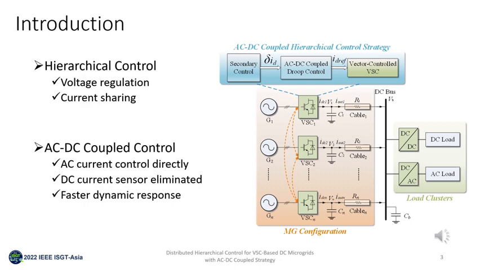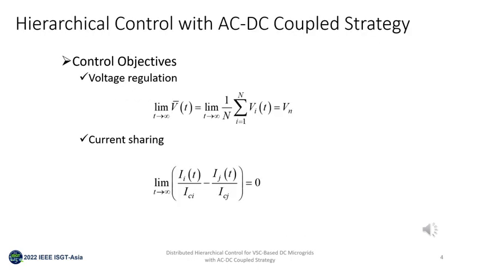As we can see, the secondary control gives the reference of the D-axis current ID with a compensation term, and the primary layer gives the reference of the ID to the vector controlled VSC. The control objectives of the proposed hierarchical control are similar to the traditional methods. First is the voltage regulation.